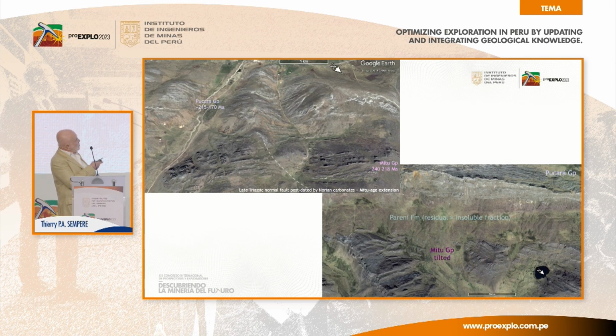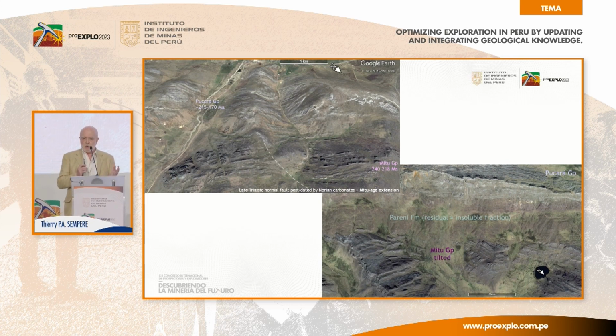Well, I cannot show this, but you can see to the upper left side, Mitu and Pucara. We see the Mitu here settled by sandstones, which is maybe the residual salt, because there are sand and shale particles, and Pucara on top.